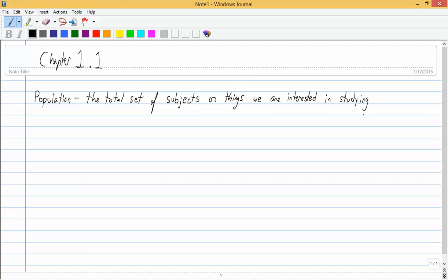So that population can, of course, vary depending on what you're studying. Like if I was doing a study on all of my statistics classes, then of course the population would be every one of my statistics classes. If I was doing a study on Colin's administration, then the population would be Colin's administration.